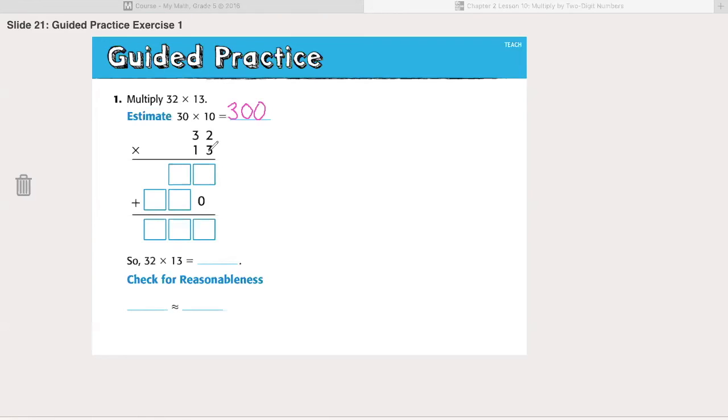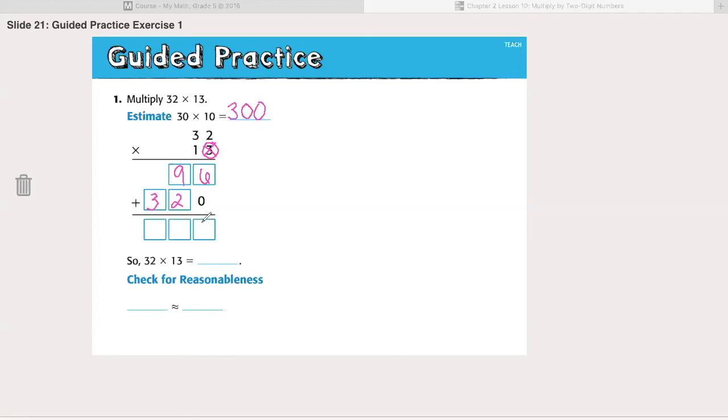Okay, let's get an exact answer. Handling the ones place first. 3 times 2 is 6. 3 times 3 is 9. Okay, I'm done with the ones place. They already placed a placeholder of a 0 here to indicate that I'm now multiplying the tens place. I'm finished with the ones. 1 times 2 is 2. 1 times 3 is 3.